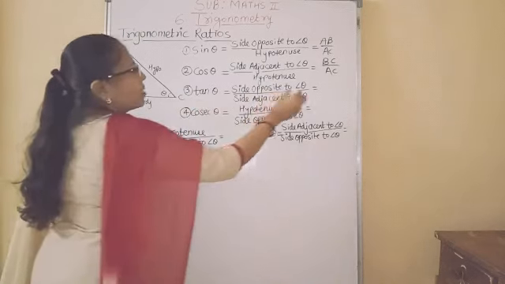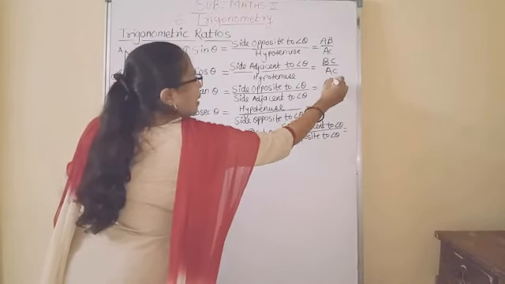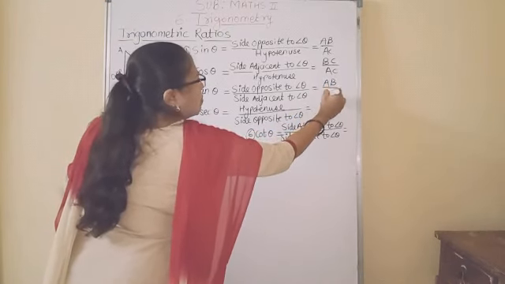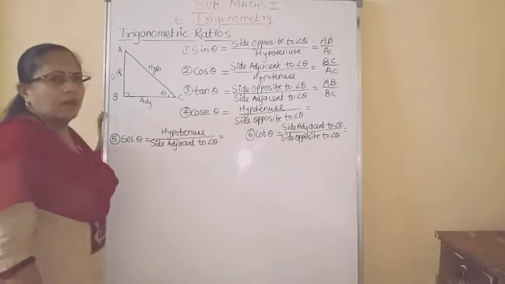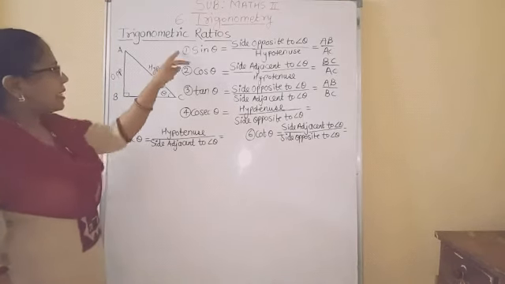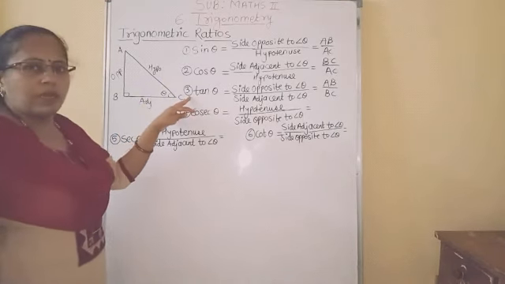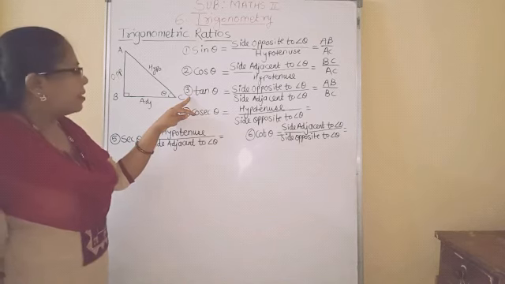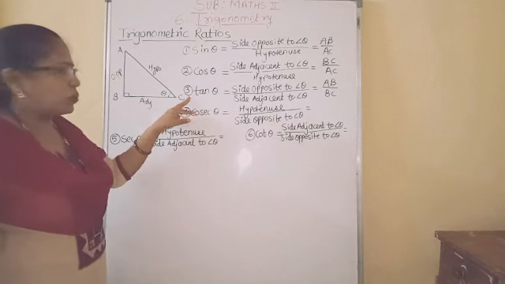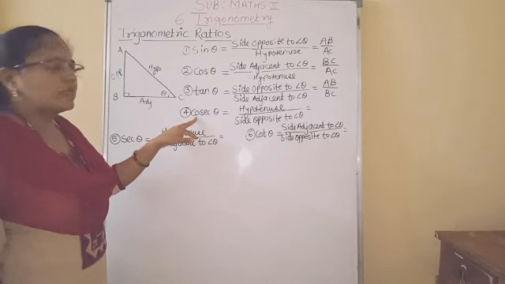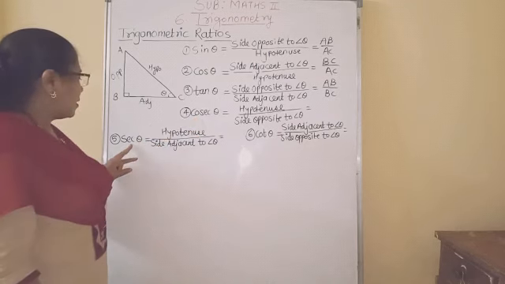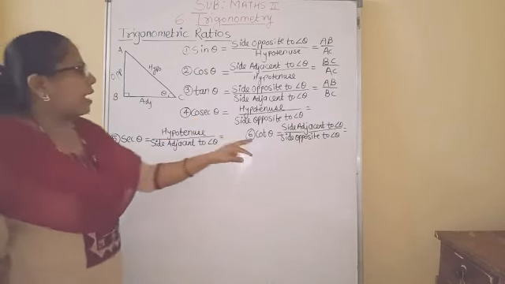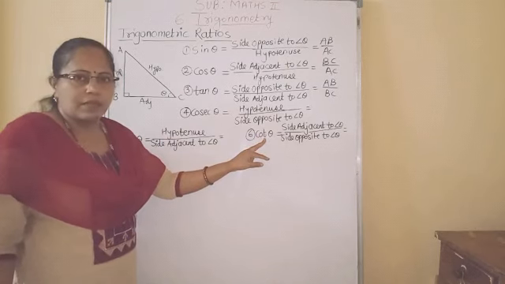So the tan theta ratio we get is AB upon BC. These three trigonometric ratios we already studied in 9th standard. Now we go for three new ratios: cosec theta, sec theta and cot theta.